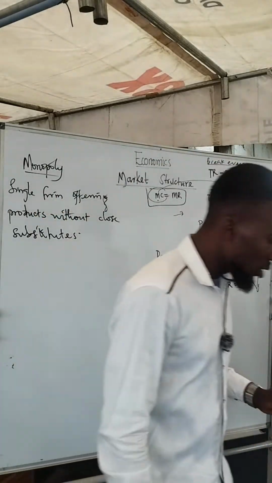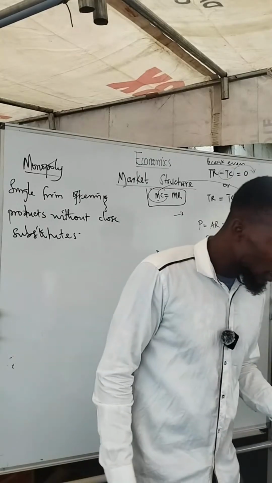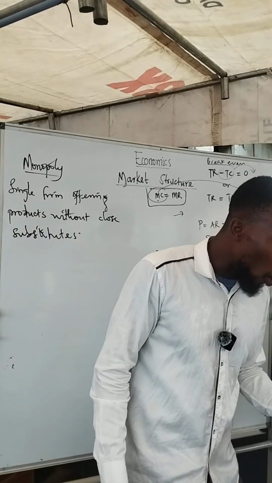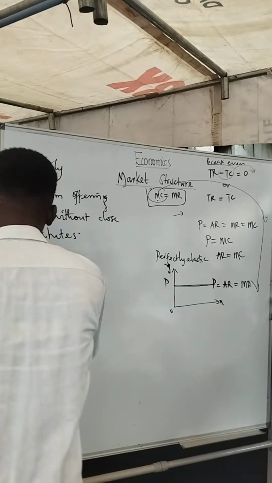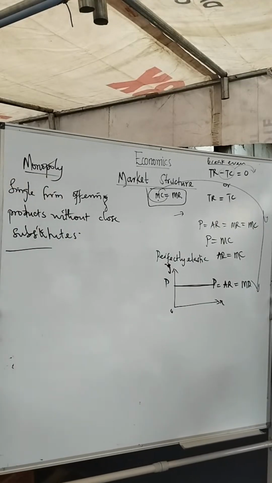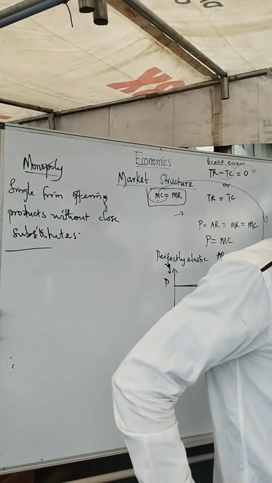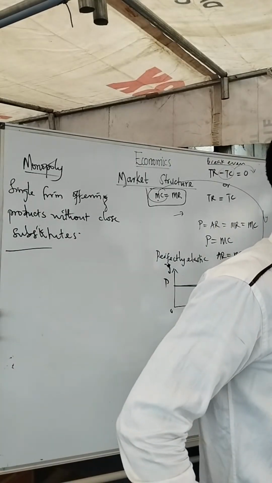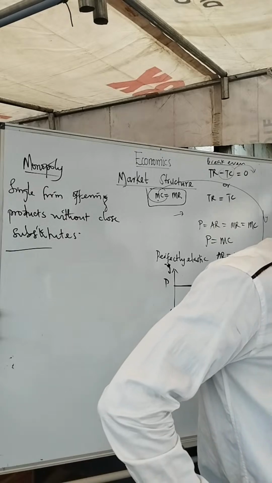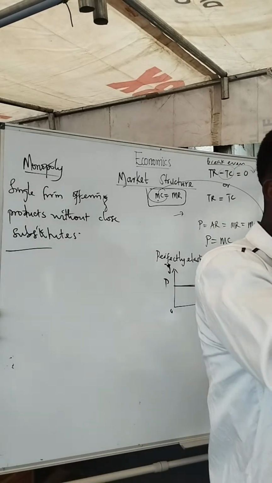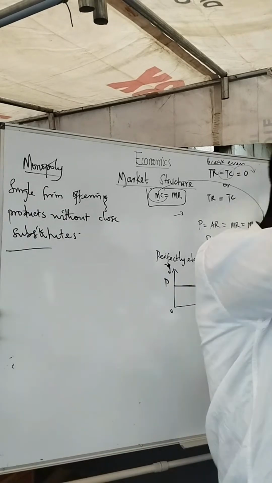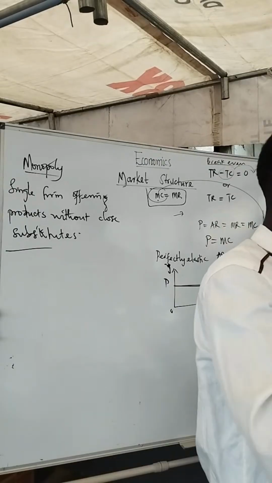So, listen, the firm can control the price. Another thing to take note of is that the firm cannot control both price and output. It's not all about writing notes. The firm under monopoly cannot control two things at the same time.